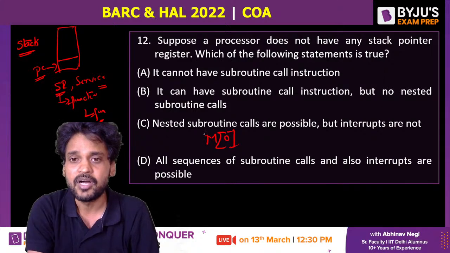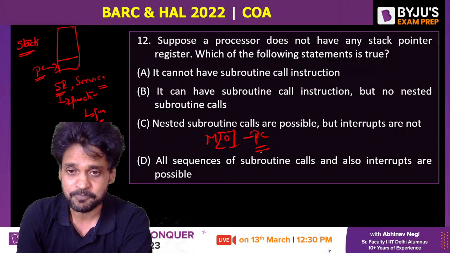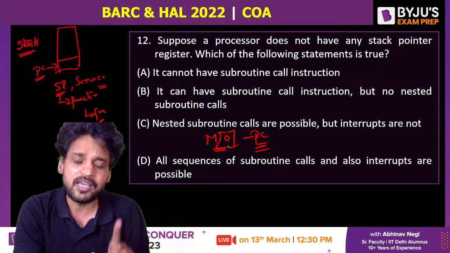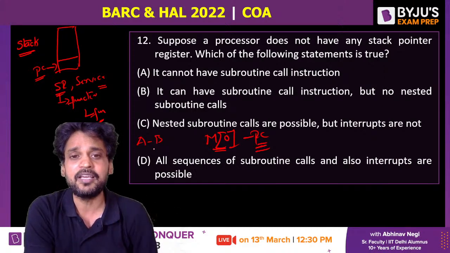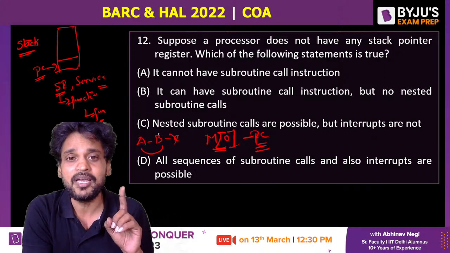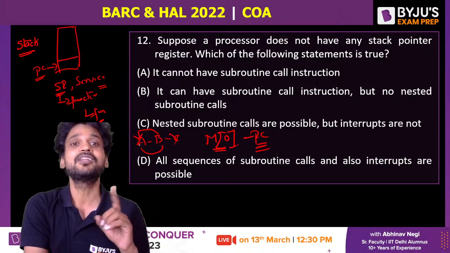In memory location M of 0, I can store the program counter, although with shortcomings, only one at a time. Routine A can call routine B, routine B can call routine C with this convention. Only one routine strictly can call one more routine, and that called routine should return strictly back to the calling routine.